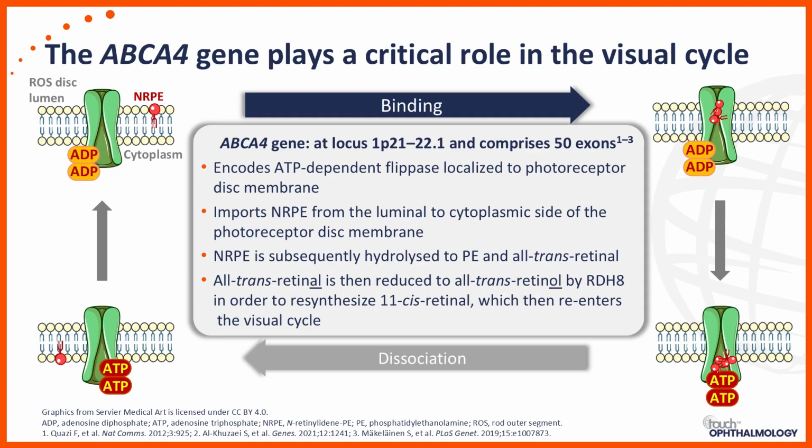When it goes to the other side, then N-retinylidene-PE is hydrolyzed and it goes on to allow the formation of 11-cis-retinal, which is important for the visual cycle.